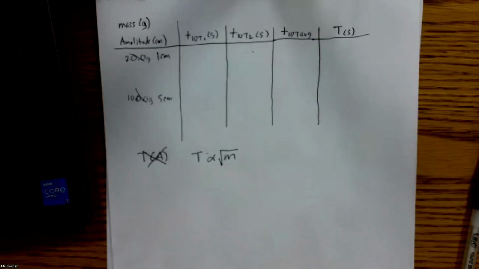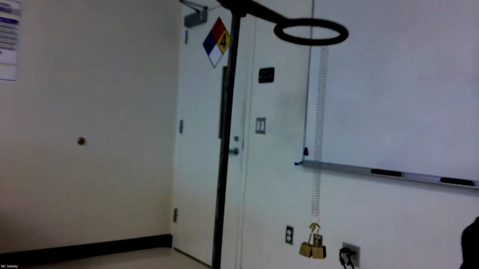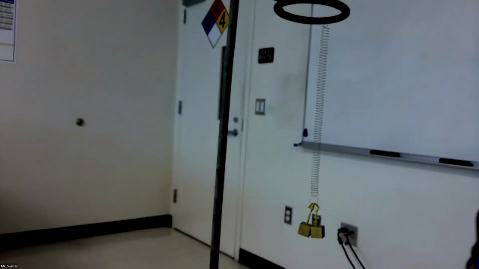Okay. Now, what about the K value? Well, if we were to take a look at this spring, if I were to attach another spring to it, imagine I grab another spring here.